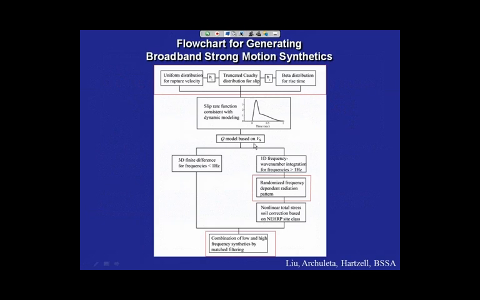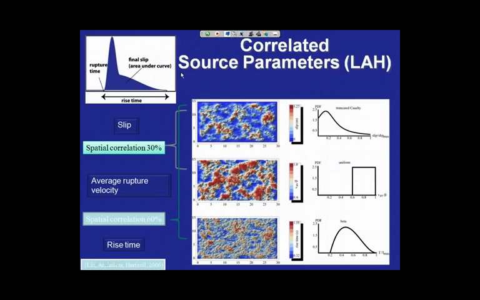They use Q and the S velocities, and if it's a 3D case they use finite difference simulations, or for high frequencies they use 1D, and then combine them, also considering nonlinearity and so on.